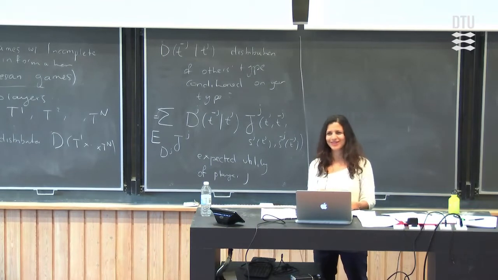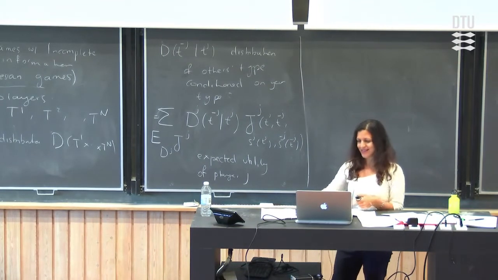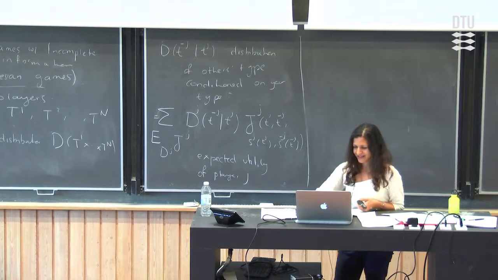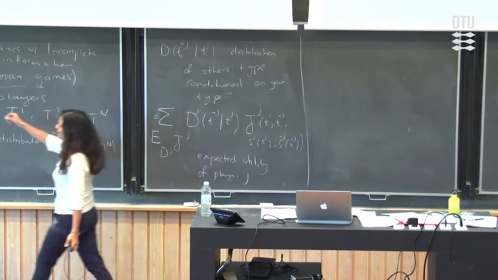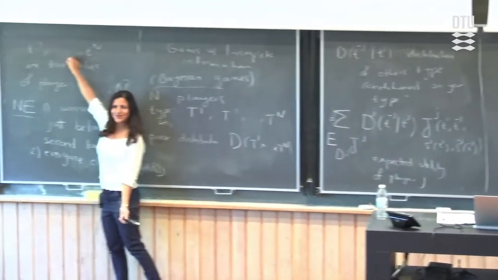It's quite a hard thing to compute in most games, but there is one game that's relatively easy, and that's again the first price auction. Remember, we said that we don't know the type of other players, which is their true value.